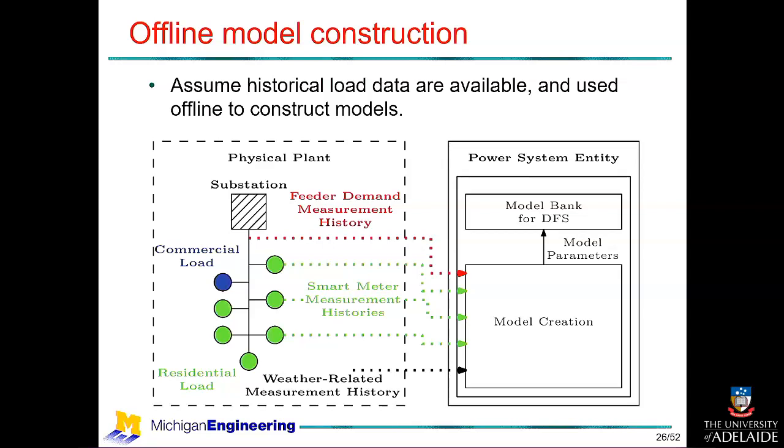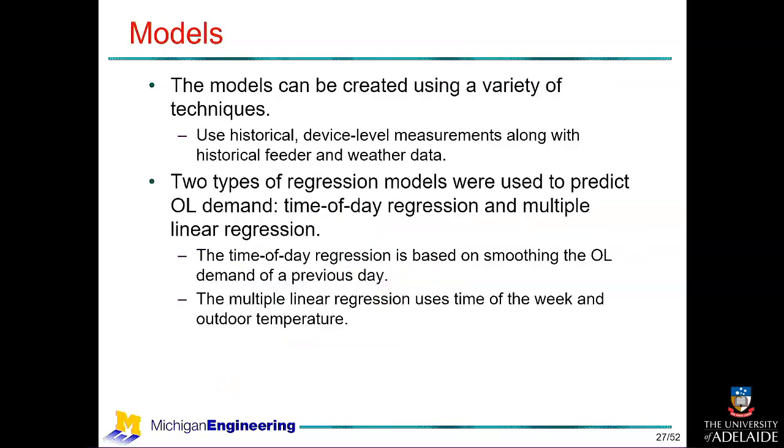Those models are developed in this offline setting, and then in the online setting, this DFS, dynamic fixed share algorithm, assigns weights to the different models, with more influence given to those models that are providing a more accurate assessment. So the models are used to create a variety of different modelling structures.